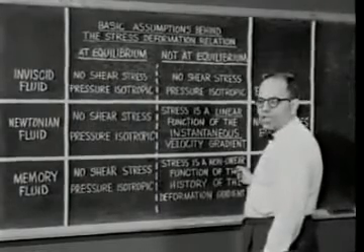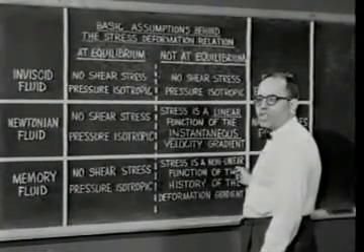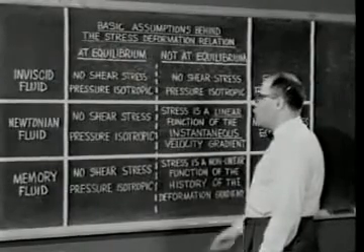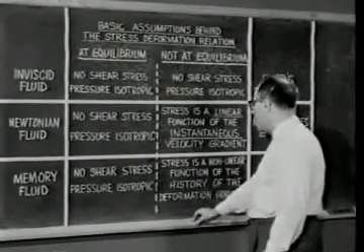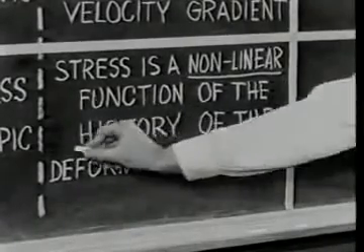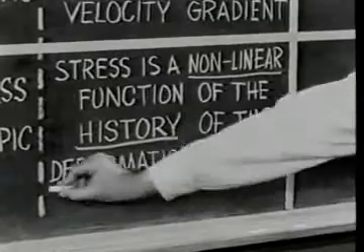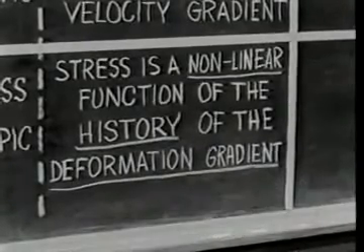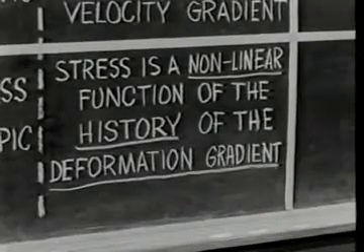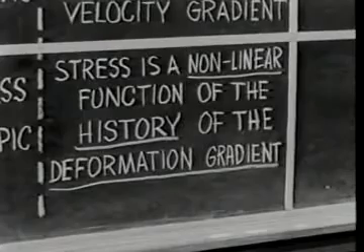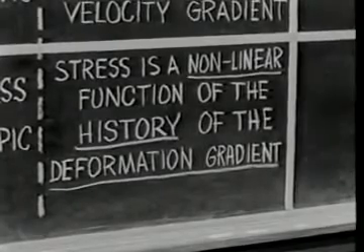In fact, non-linearity affects both the shear stresses and the normal stresses. So, for the memory fluid, the stress is a nonlinear function of the history of the deformation gradient. For this model too, flow problems are solved by expressing this assumption mathematically and using the momentum equations.